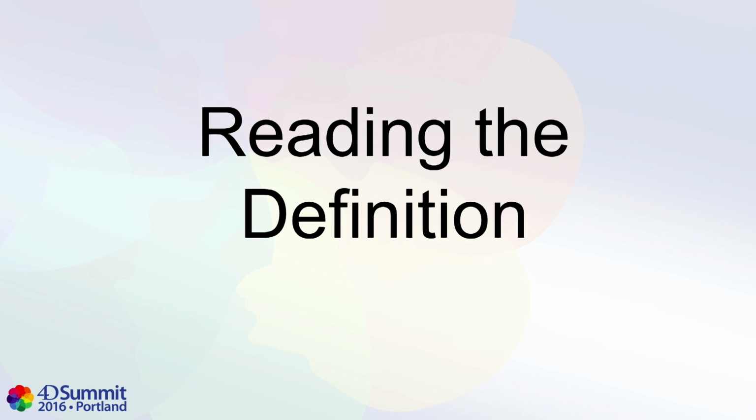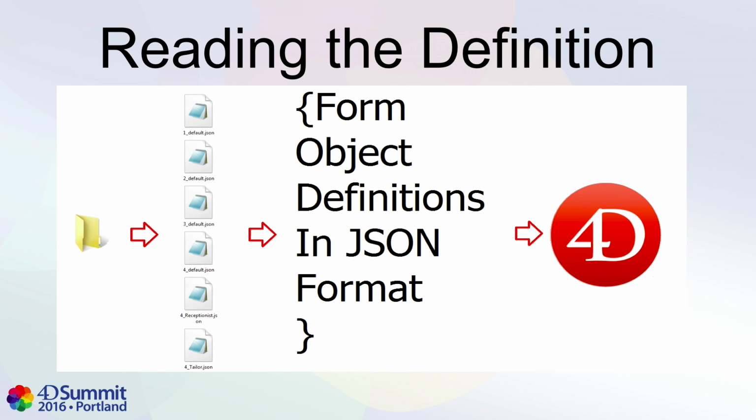And here's a graphical representation. So 4D goes into the folder. It searches through the folder for the specific JSONs. As I said, for my demo, I prefixed it with the number of the table for easy access. So if I'm going to table 4, it'll only locate those 3, and then it will list those 3, and then you can select the specific one you want: the default one, which I have created from the application, because it needs a default one to load.